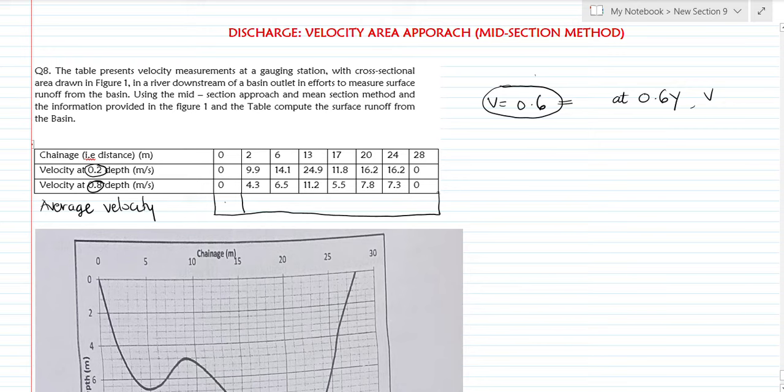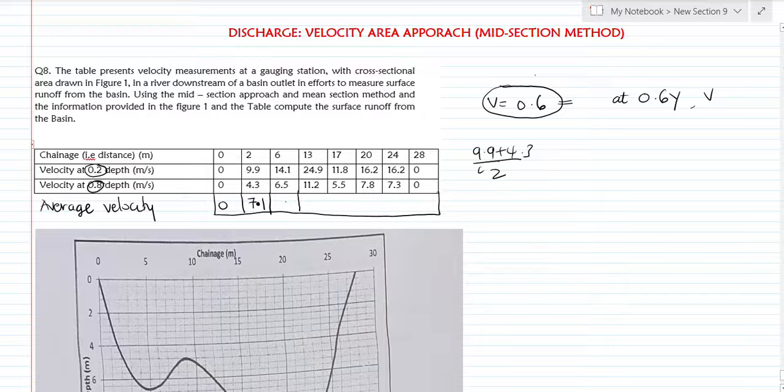So this is going to give us 0, then 9.9 plus 4.3 divided by 2 will give us the velocity here, that is 7.1.